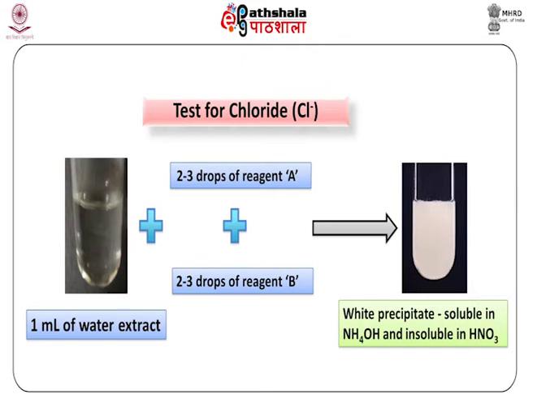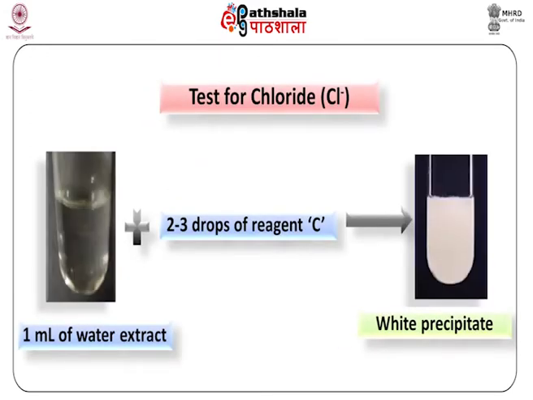Put 2 to 3 drops of reagent A, followed by the addition of 2 to 3 drops of reagent B. The presence of chloride ions is shown by the formation of a white precipitate. This white precipitate is soluble in ammonium hydroxide and insoluble in nitric acid.